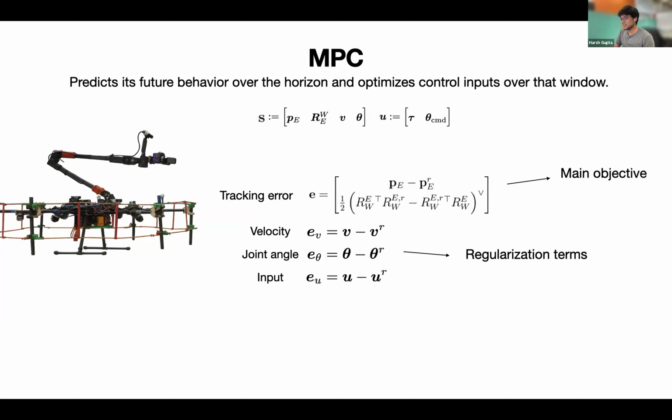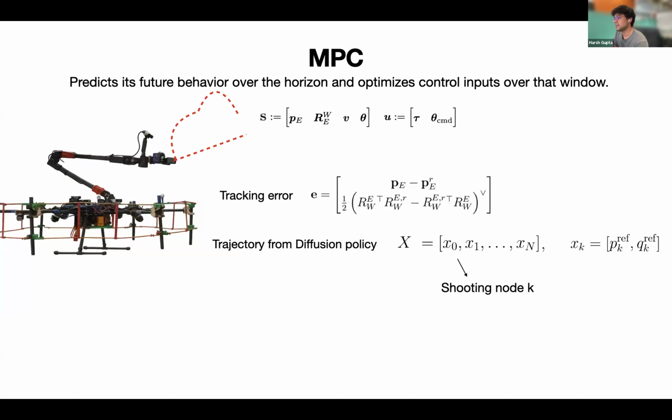We also don't want very high inputs, stuff like that. But the main term that we are focused on is the tracking error. The tracking error tells us how, or imagine you have this trajectory from the diffusion policy, where x is your trajectory and x0 to xn is your shooting nodes.